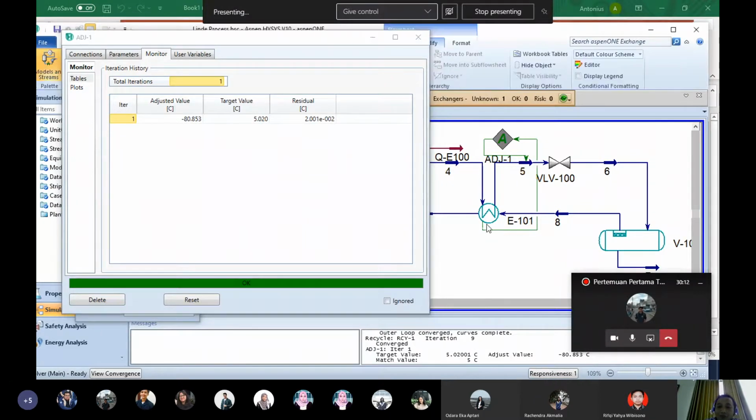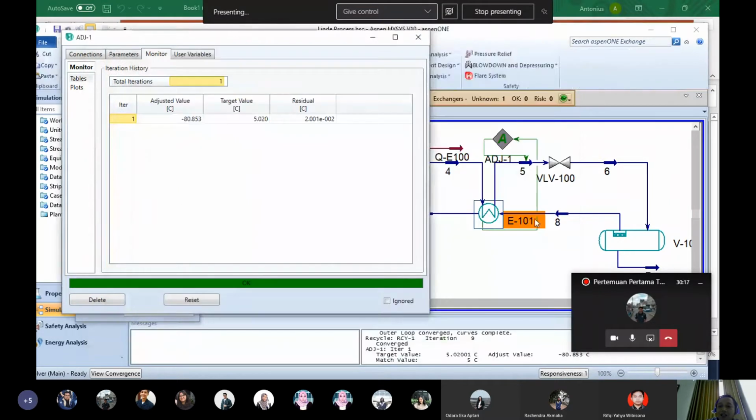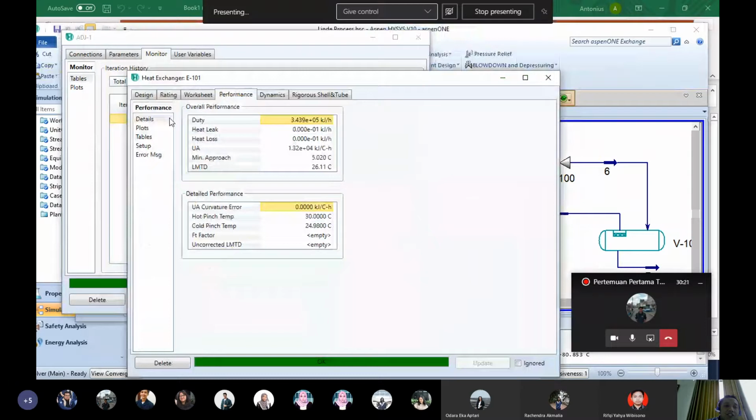If you do not believe this result, you can double click the heat exchanger, go to the performance tab and check the details. Here previously it mentioned about 14 or 15 degrees C. Now the minimum approach has changed to 5 degrees Celsius. So I think the iteration is okay.